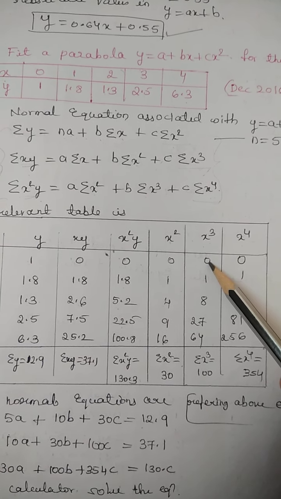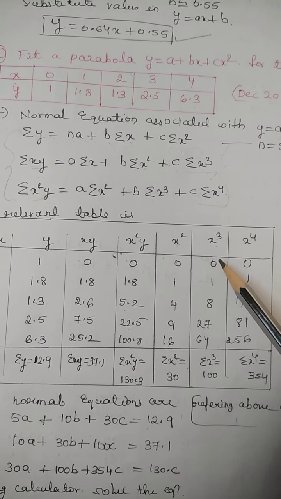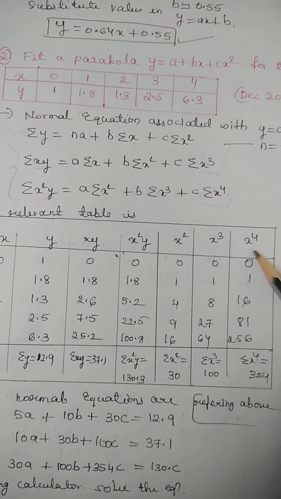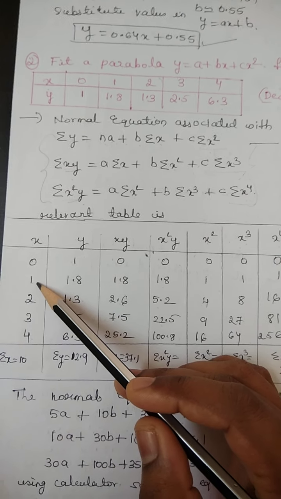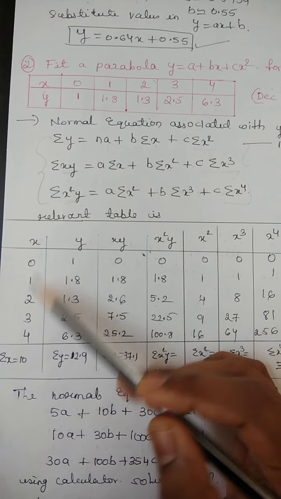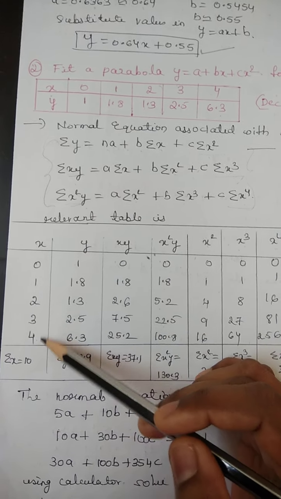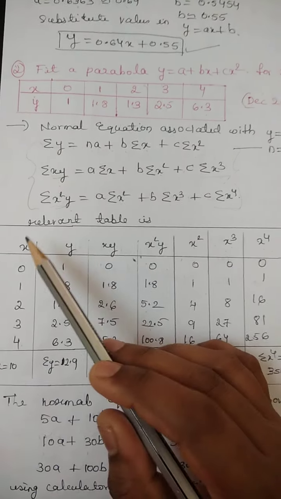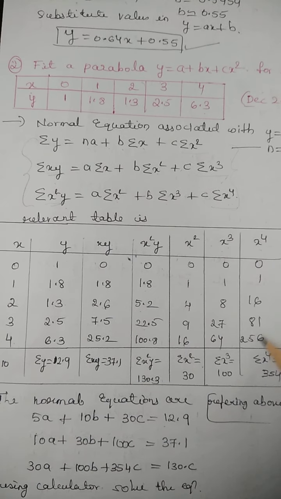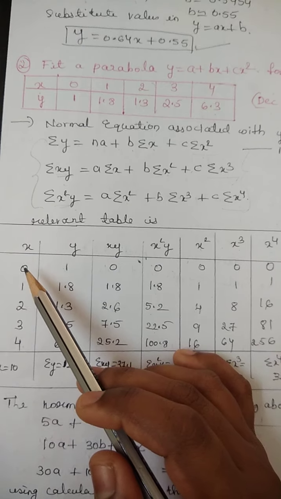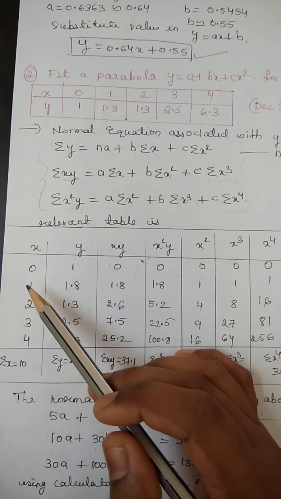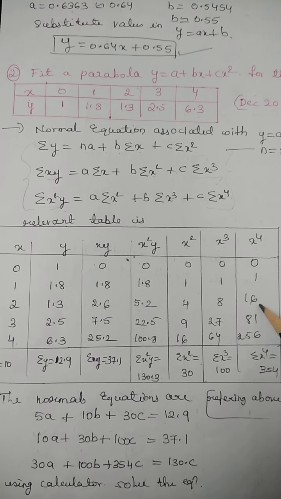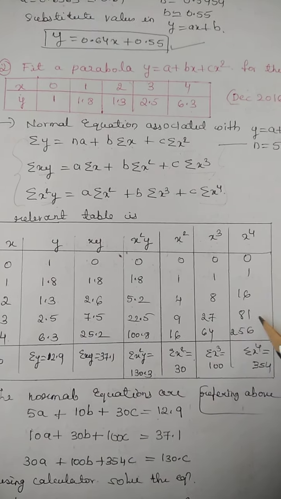This is useful if there are big numbers and you don't know how to find 1⁴, 2⁴, 3⁴. Otherwise you can solve directly: 2⁴ is very easy, that is 16, and 3⁴ is 81.